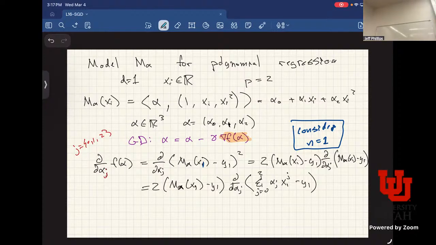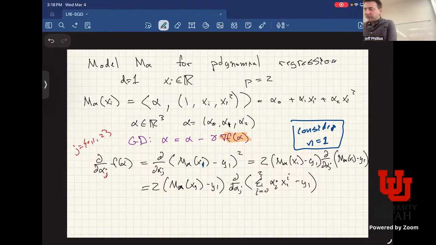And what we see is that this should actually be pretty simple, right? It's a sum over a bunch of terms. One of those is a constant, that's y1. And then all the other terms have one of the alpha j's, maybe not this one. Let me change the index of this here, so this is more clear. So i equals 0 to 2, alpha i, right? So there, only one of those matches where the alpha i matches j, the one I actually care about here.